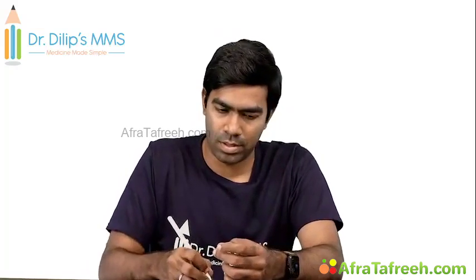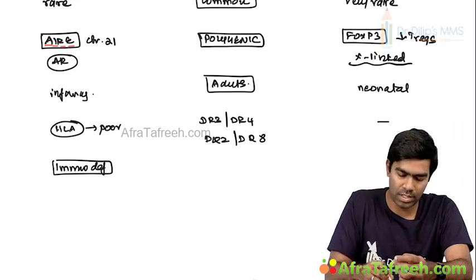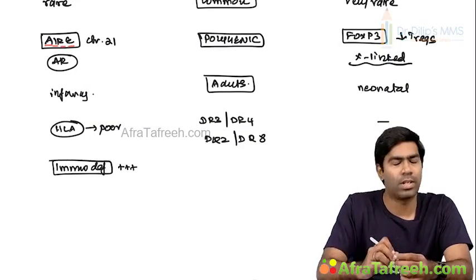DR3 and DR4 are associated with multiple autoimmune disorders like rheumatoid arthritis; DR4, DQ2, DQ8 with celiac disease. These are associated with multiple other autoimmune diseases as well. And where will you have immunodeficiency? Immunodeficiency is a feature of APS type 1.